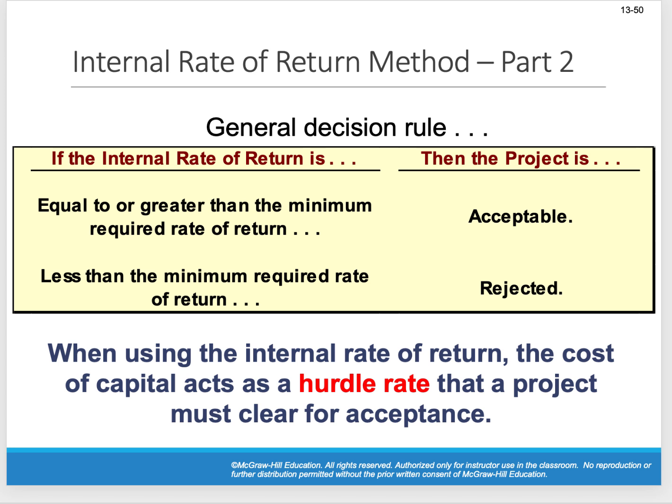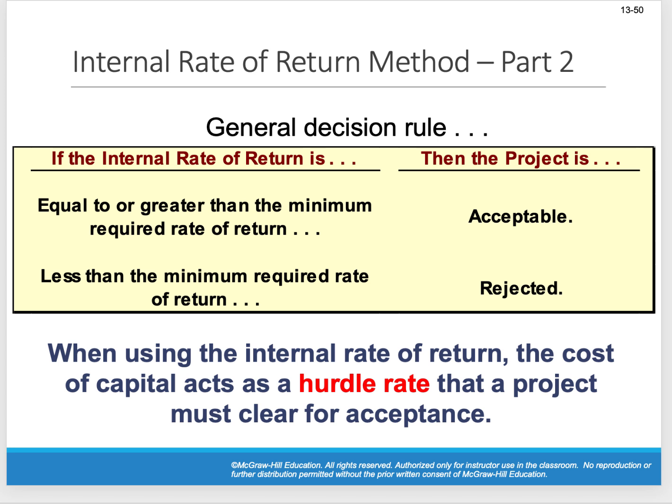If the internal rate of return is either equal to or greater than that hurdle rate, or that minimum required rate of return, we call that a hurdle rate. That's the predetermined benchmark that we say all projects that we invest in need to provide us with a return equal to or greater than, I don't know, 6%.